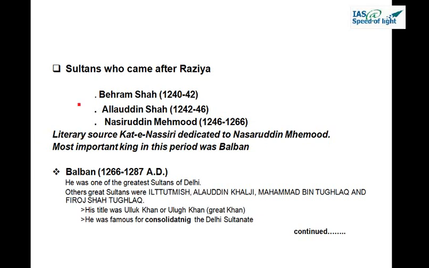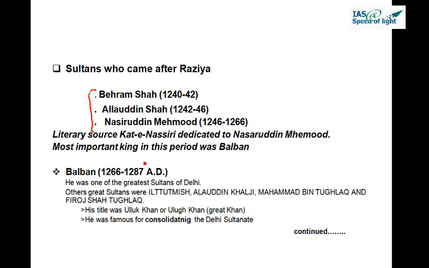So these were the three sultans who came after Iltutmish, and Nasruddin Muhammad was also the son-in-law of Ulugh Khan, or Balban. He ruled for a substantial part, but even though he was the sultan, the main power was in the hands of Balban during that time.